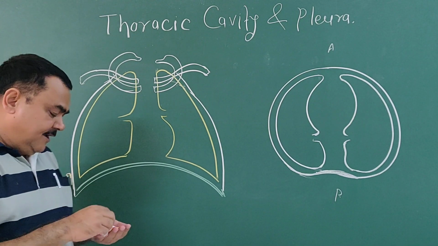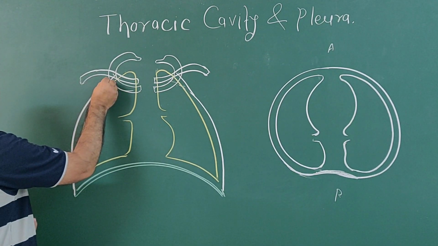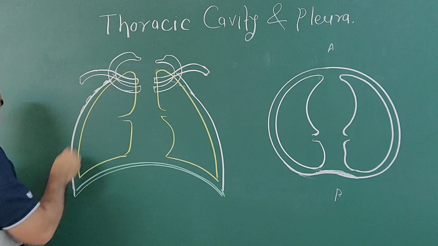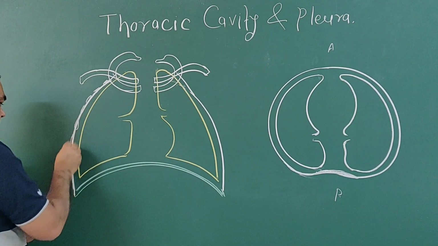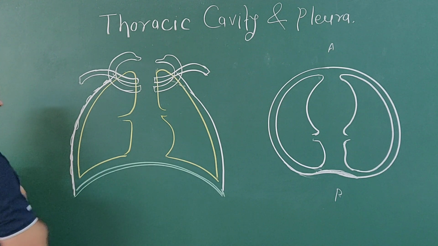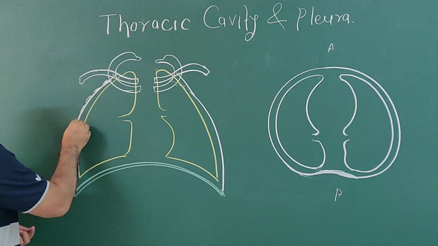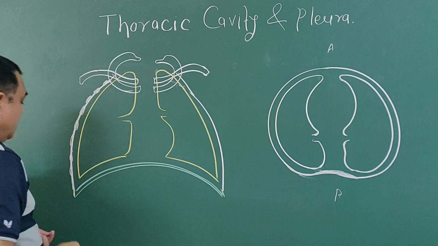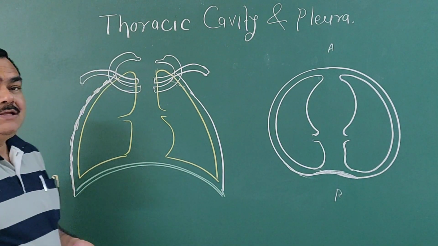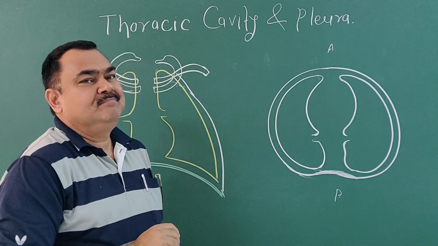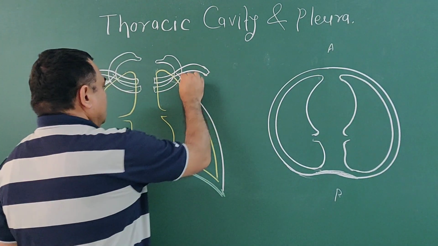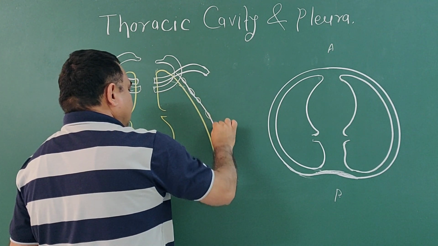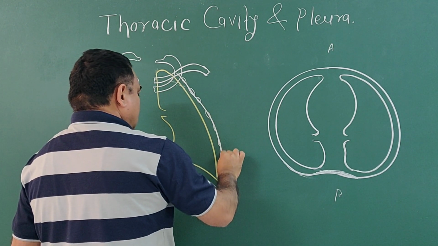So in the thoracic cavity, here is the thoracic wall, these are the ribs. The lecture on the thoracic wall is already uploaded, so you can see the lecture of the thoracic wall.